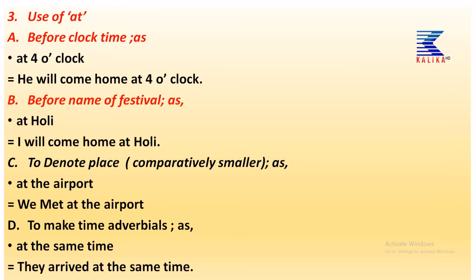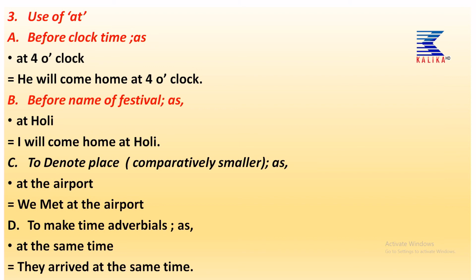Use of at before clock time, as at 4 o'clock. Example, he will come home at 4 o'clock. In time also we say at. Now, before the name of a festival also, children, like at Holi. Example, I will come home at Holi.